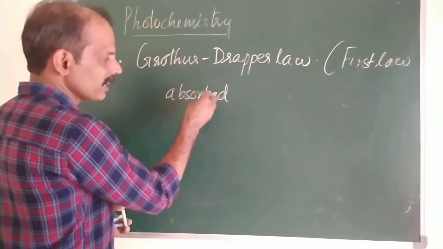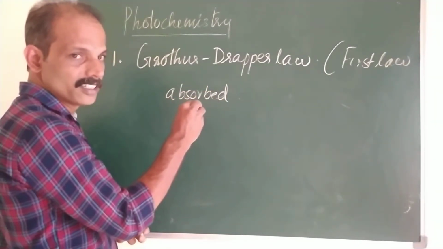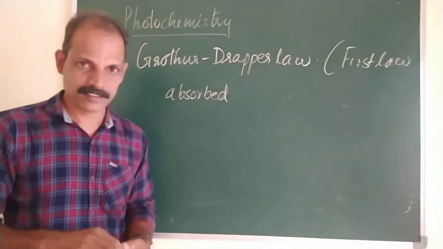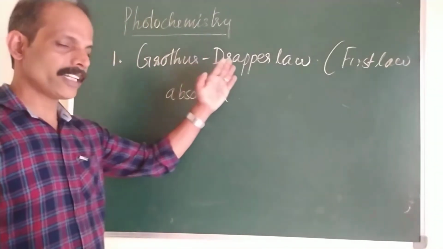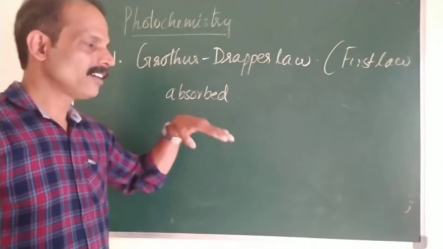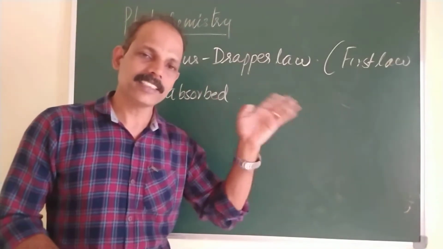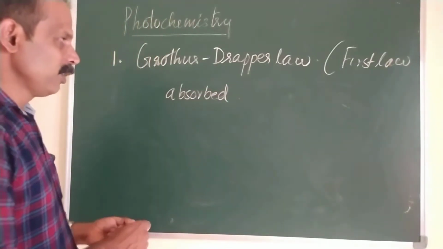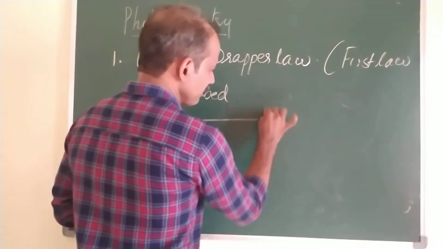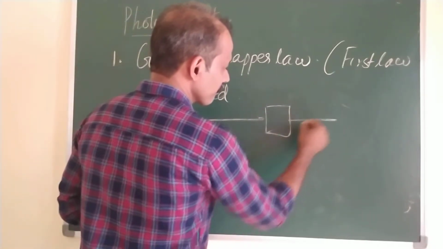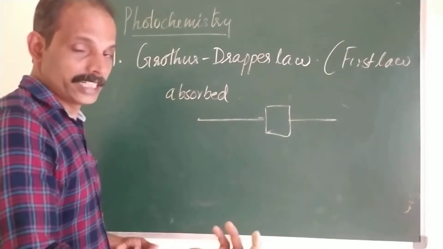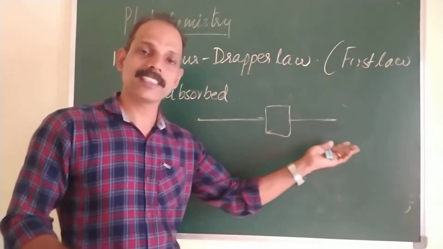Only radiations which are absorbed will initiate chemical reaction. Only those radiations which are absorbed by the system can initiate photochemical reaction. So when a radiation passes through a medium, if a molecule does not absorb any radiation, then no chemical reaction takes place.